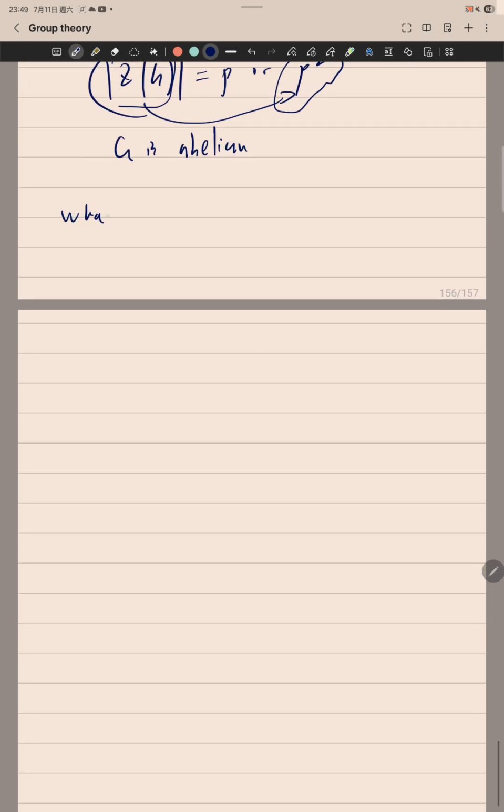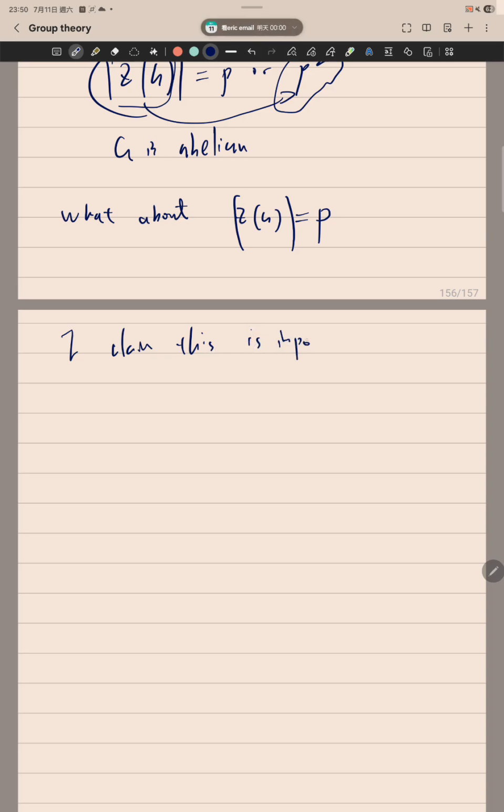So what about Z(G) being of order p? I claim this is impossible. The reason is very simple. Suppose Z(G) is indeed of order p.